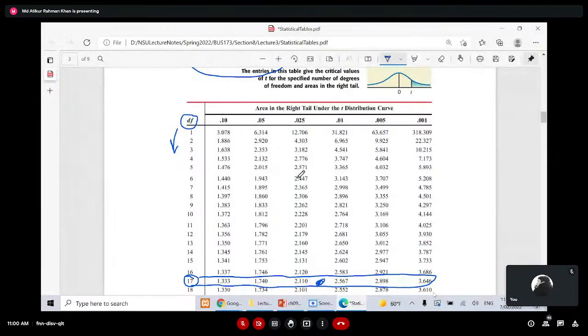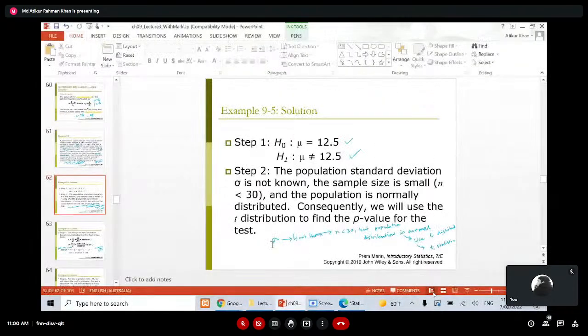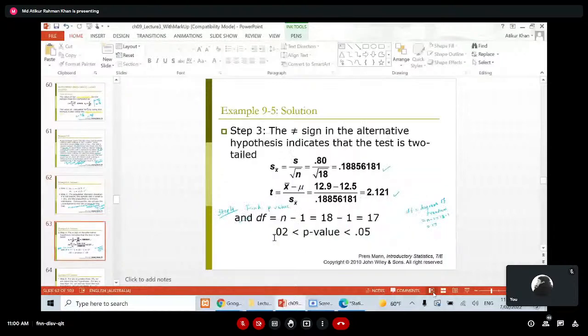To make it two-tailed, multiply by 2. So this will be 0.05 and this will be 0.02. That is why the p-value is between 0.02 and 0.05. I'm repeating this again. You got degrees of freedom equal to 17.